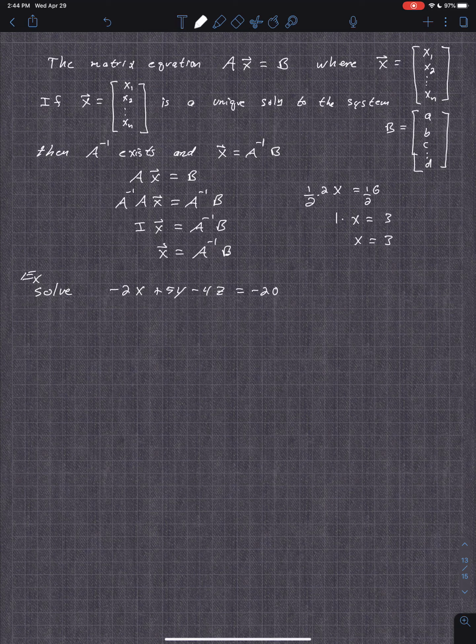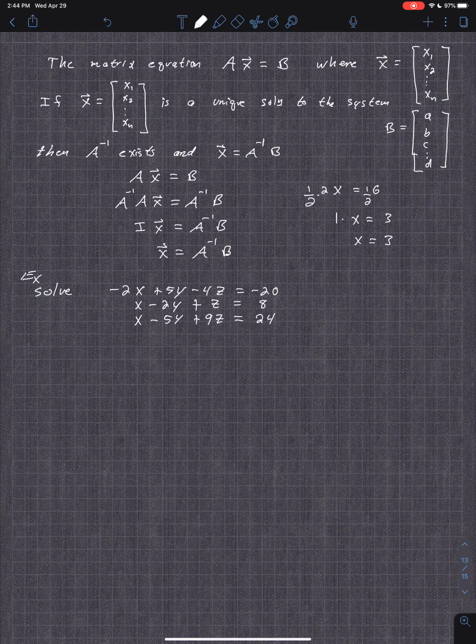And then x minus 2y plus z equal to 8. x minus 5y plus 9z equal to 24.